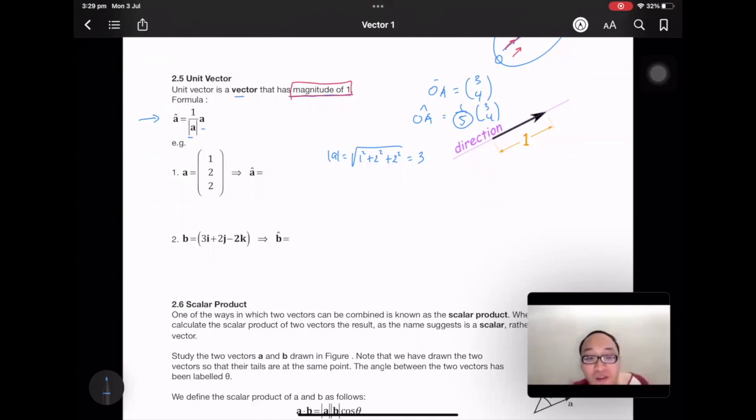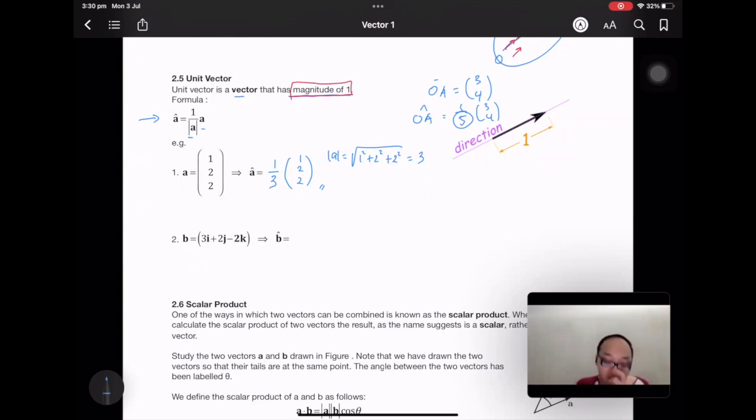So we know that there are 3 unit vectors in the vector 1, 2, 2. So that means we just put in the formula. The unit vector is 1 over 3 times the vector 1, 2, 2. That's it. This is the unit vector.